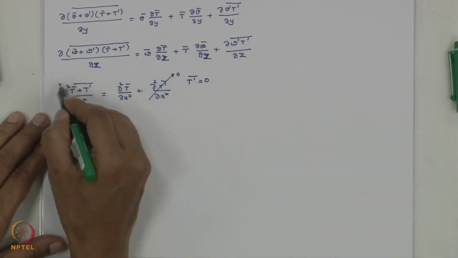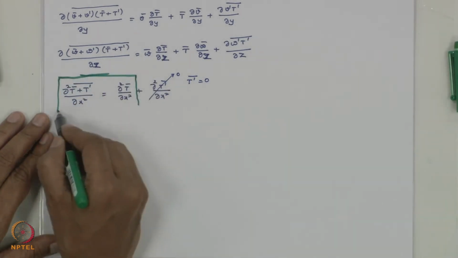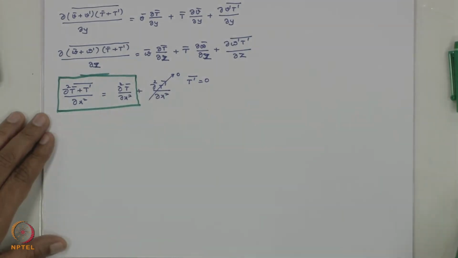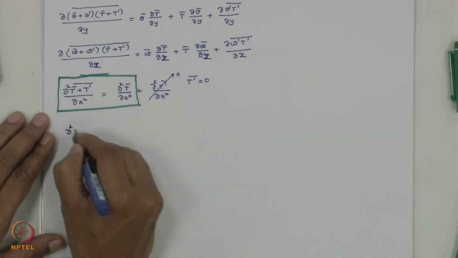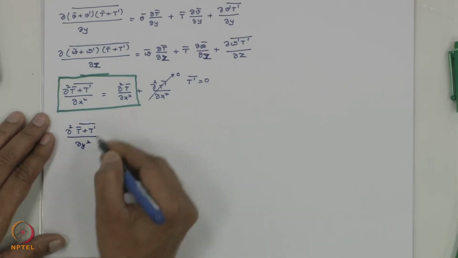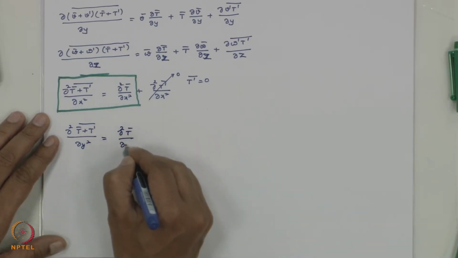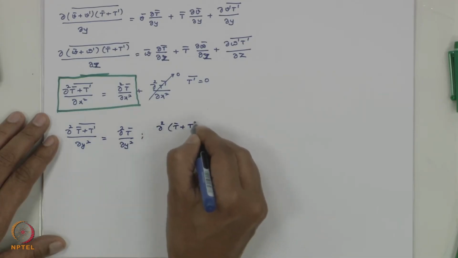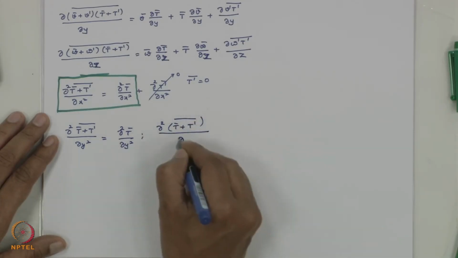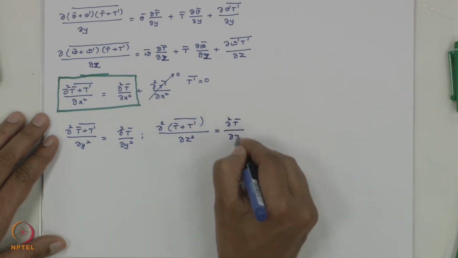So you end up getting ∂²(T̄+t')bar/∂x² equal to ∂²T̄/∂x². Similarly, ∂²(T̄+t')bar/∂y² equal to ∂²T̄/∂y², and ∂²(T̄+t')bar/∂z² is equal to ∂²T̄/∂z².